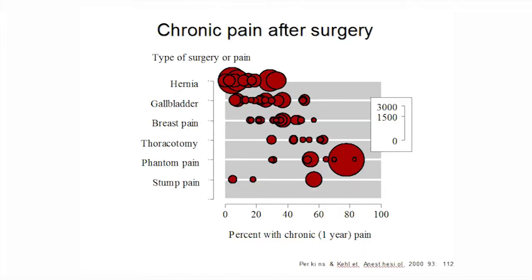And what was really startling was even for something like an elective groin hernia repair, you can have quite considerable chronic pain even a couple of years after the operation. Not surprisingly, operations such as an amputation, thoracotomy and a mastectomy, which are associated with a lot of tissue injury and nerve damage, are associated with a much higher incidence of neuropathic pain.